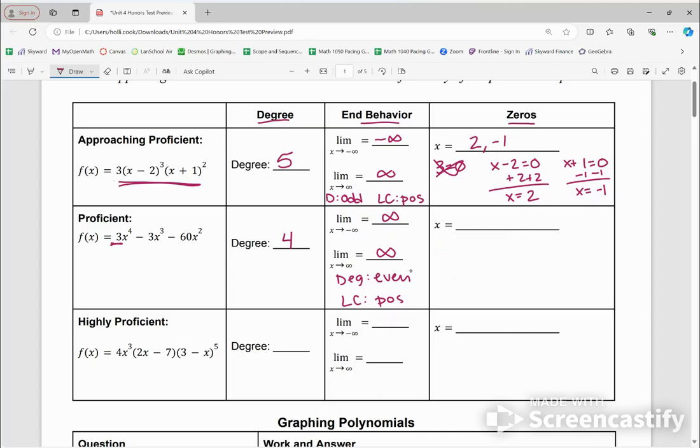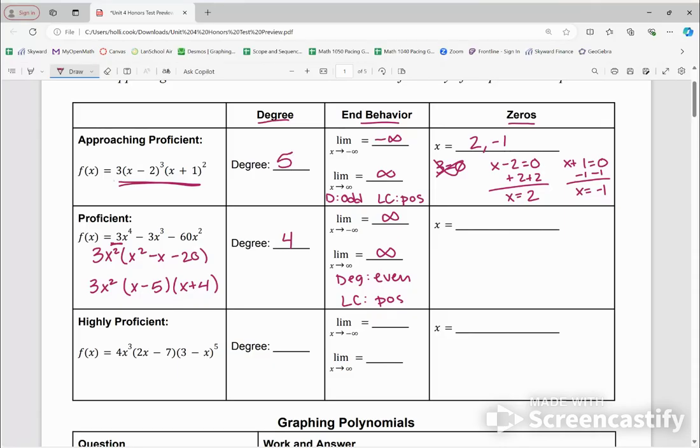When I pull that out, I'm left with x squared minus x minus 20. If you do your factoring, your ABC stuff, we need two numbers that multiply to negative 20 and add up to negative 1. So we get negative 5 and 4.